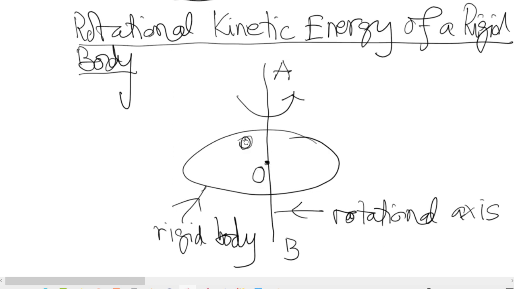Now if we consider that the rigid body consists of many smaller particles, we consider three such particles. Let us suppose that this distance is r1 and the mass of the particle is m1, and this is say r2, mass of the particle is m2, this is r3, mass of the particle is m3, and so on.